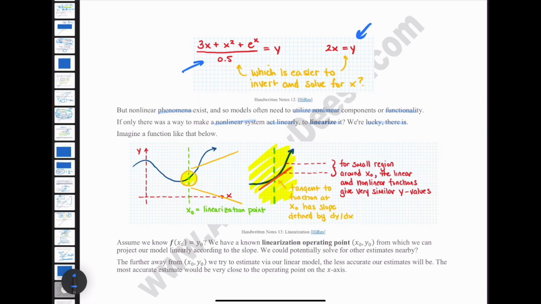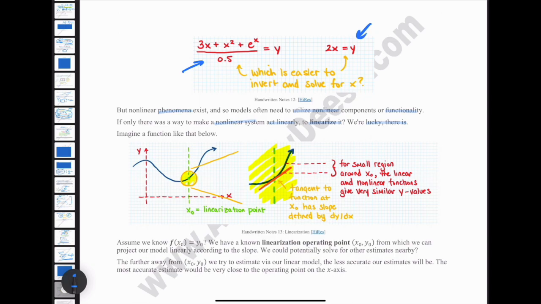Now, for those of you that are familiar with linearization, you understand that this is not a magic solution. There are some compromises that we have to make in order to perform linearization. Specifically, our linearized form of our function is only going to be valid for a small range of values.